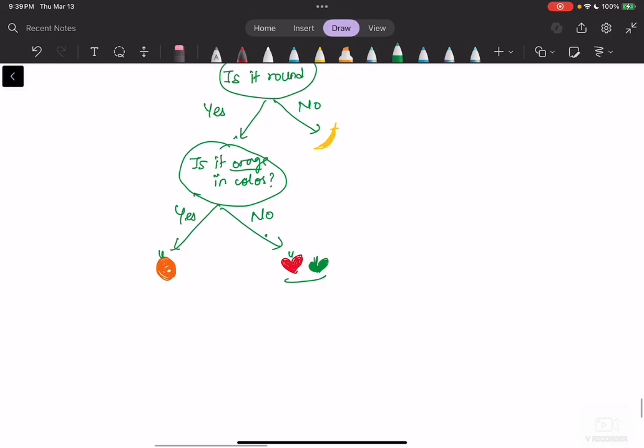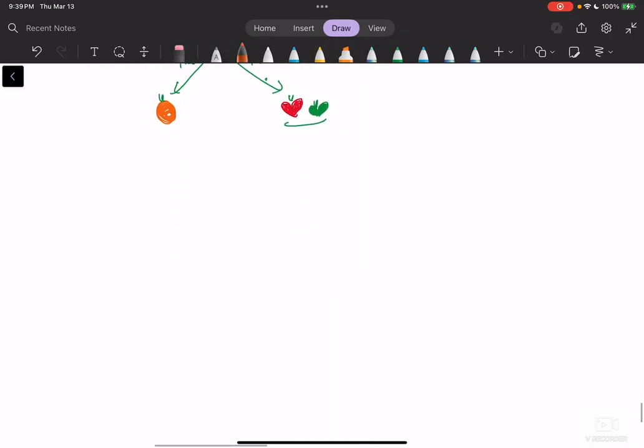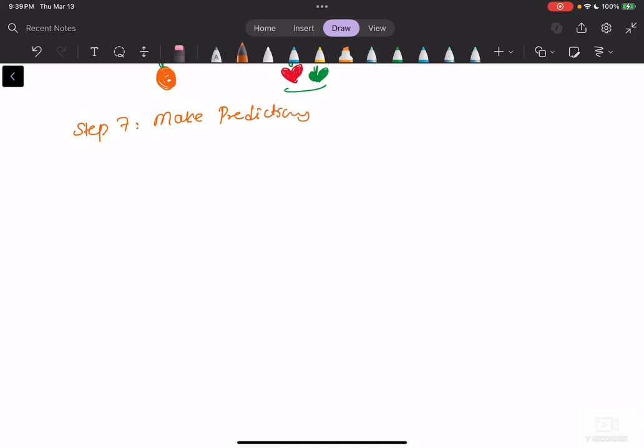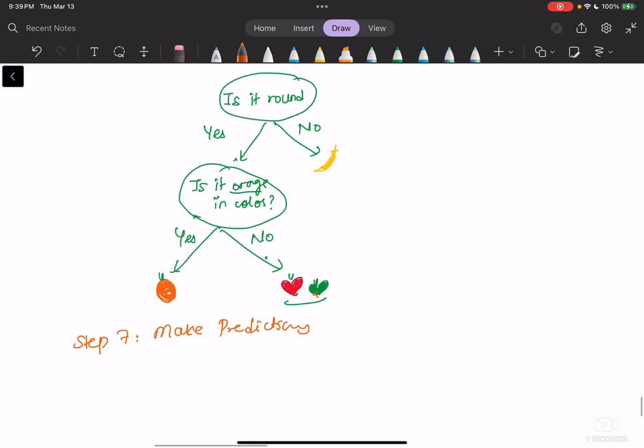The final step, step 7, is just really to make predictions. So now that we've built the tree, we can classify new fruits by following the tree. We just walk through this like we did for the green apple, and then we predict what that fruit could be.